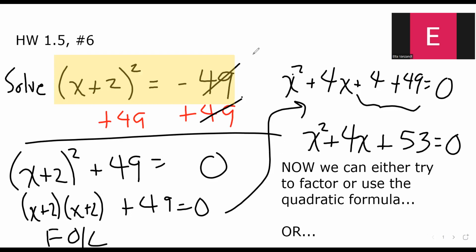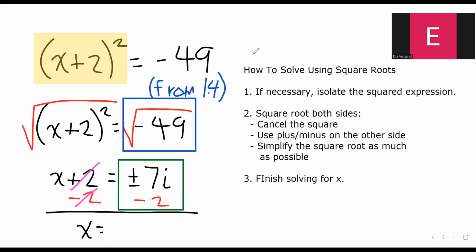Whenever you try to put things together that you can't, the best thing you can do is write them side by side. I'm going to write the part without the i first, the real number, -2, and then the plus or minus 7i afterwards. That's the best I can do to put together those two things because they can't be put together.